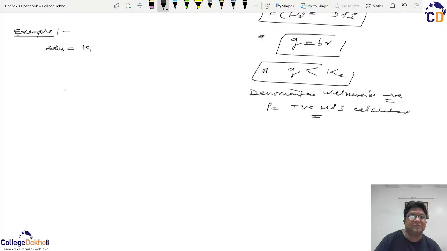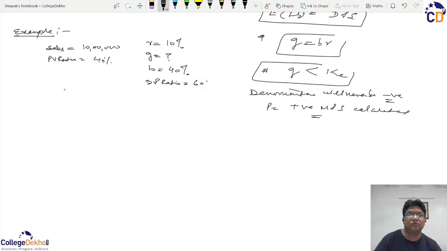Say the sales of a company is 10 lakhs and the profit volume ratio is 40%, the rate of return for the company is say 10% as taken above, the growth rate is not provided, the retention ratio is 40%, that is the dividend payout ratio is 60%, and the cost of equity is, let's say, 12% per annum.